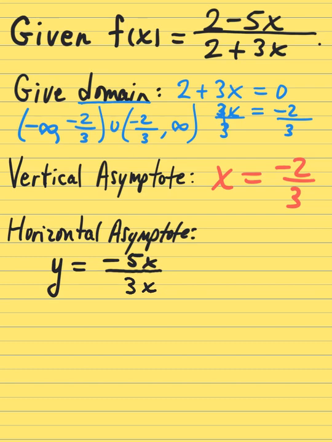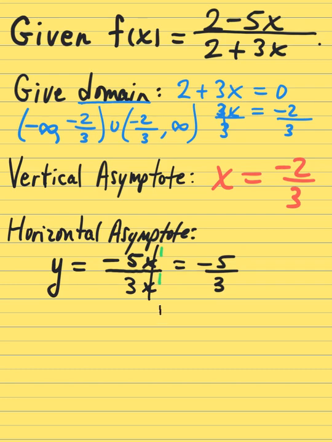Since both x's are an understood power of 1 and they're equal, your horizontal asymptote is going to be y equals negative 5/3. So if you were to take a really large value of x and substitute it into your function, your final answer would be something really close to negative 5/3.